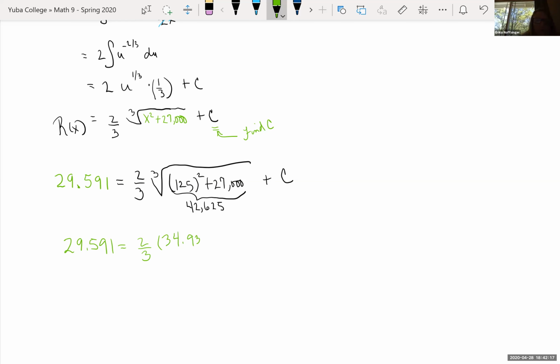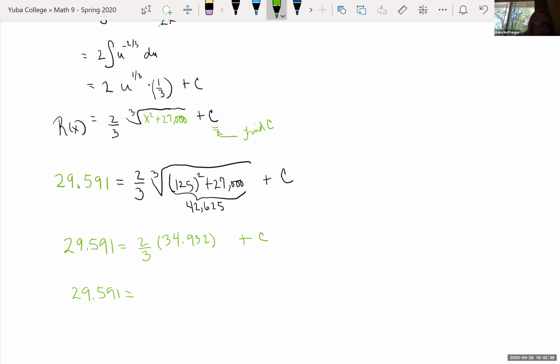Plus C. So let's multiply that number by 2 in front and divide by 3. So I have 29.591 is equal to, so times 2, divided by 3.